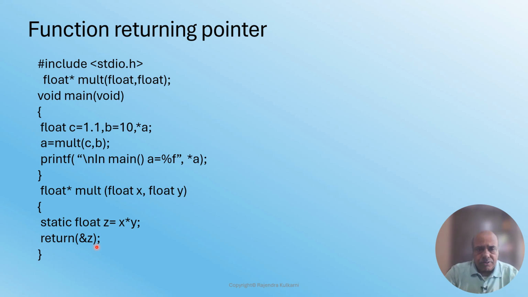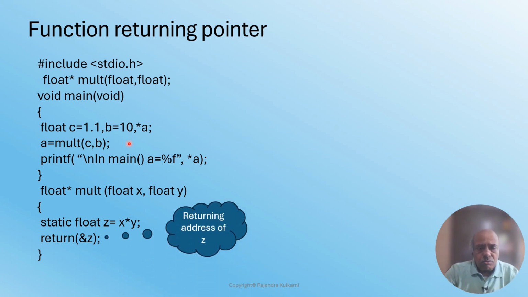So what this function does, it calculates x into y, assigns it to z, and z's address is being returned to the calling function, which is collected by the float pointer a.